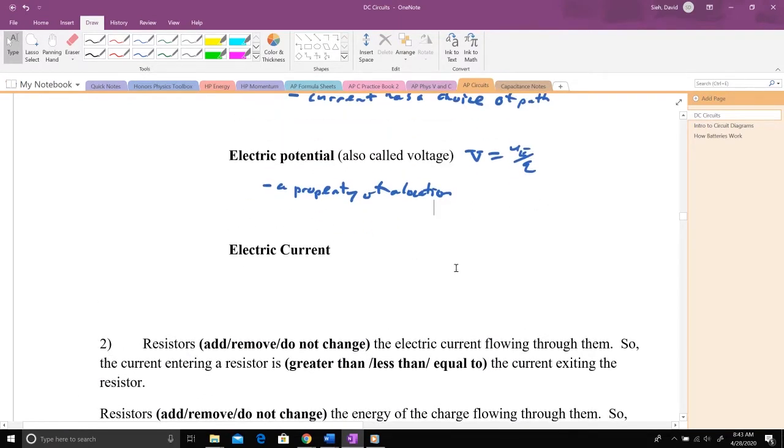All right, and then electric current. We said the electric current is the rate of flow of charge. Oftentimes in what we're doing right now, we're going to be dealing with current that's constant, until we start dealing with charging and discharging capacitors.